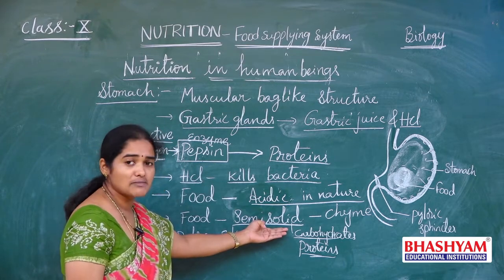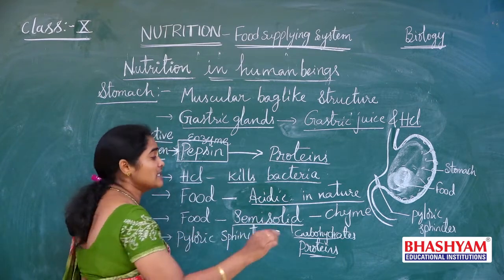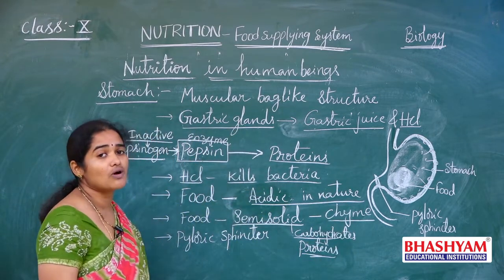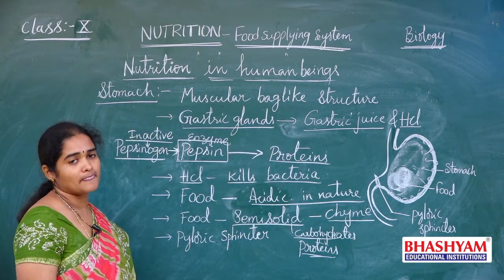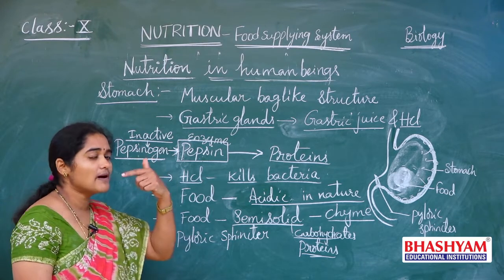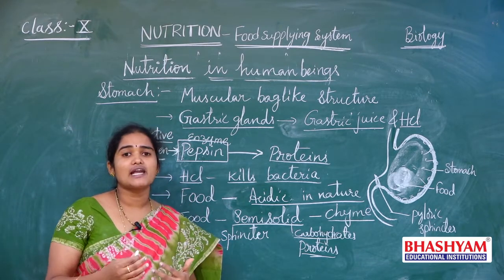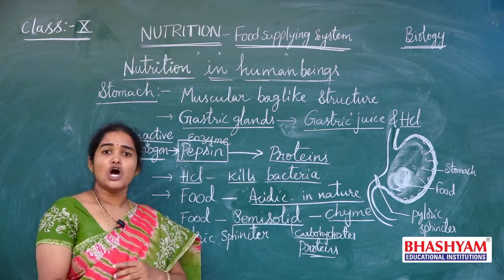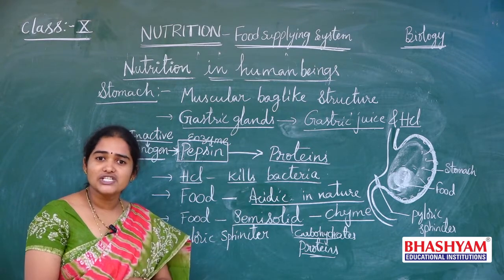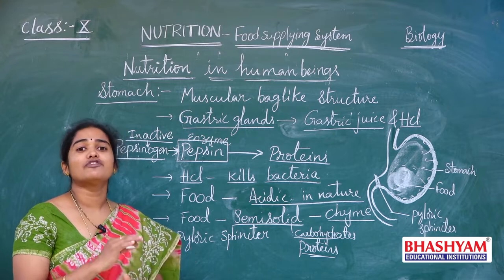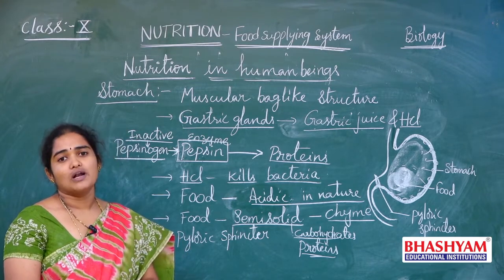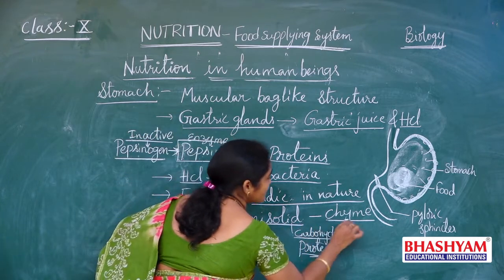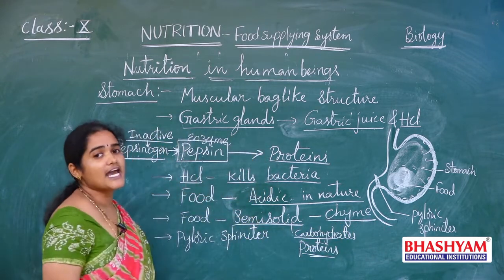That semi-solid, partially digested food in the stomach is called chyme. Understand? In the buccal cavity, the chewed food is called a bolus. The bolus comes to the stomach, protein digestion starts and food becomes semi-solid, and that semi-solid food which is formed in the stomach is called chyme.